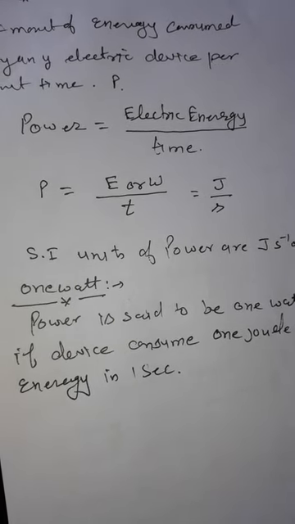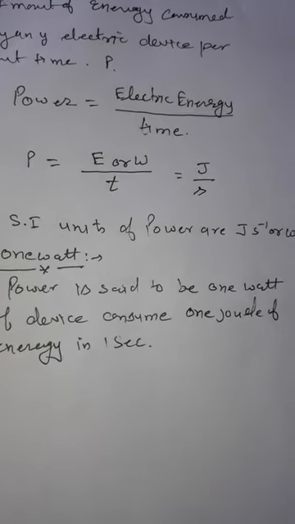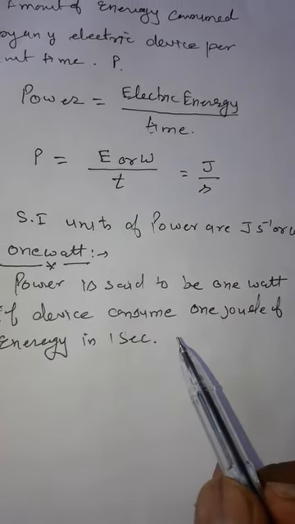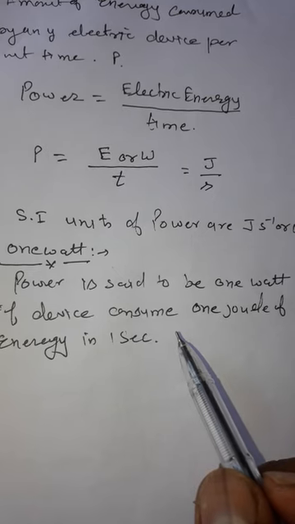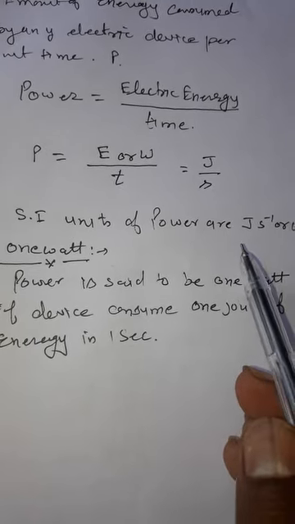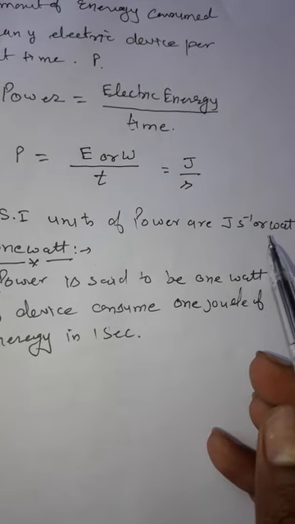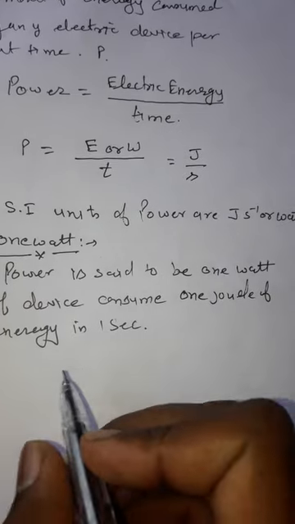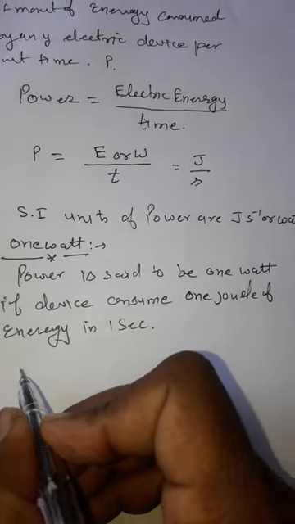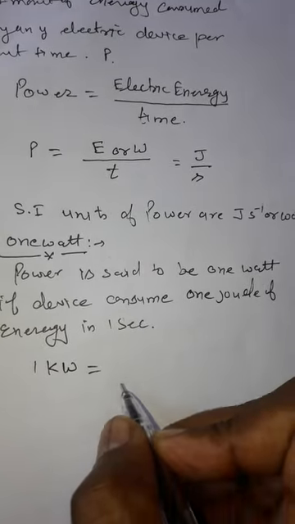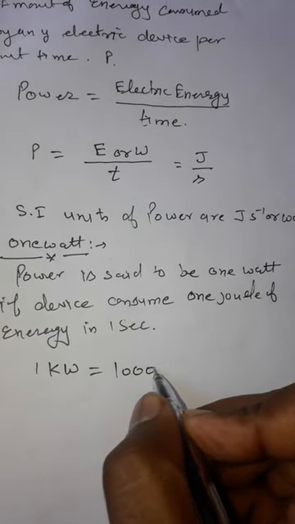Now, as 1 joule per second is 1 watt, and 1 joule is a very small amount of energy, the watt is also a small unit. So there are some bigger units. These are 1 kilowatt, which is equal to 1000 watt.